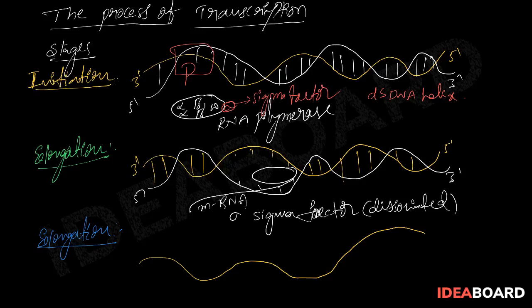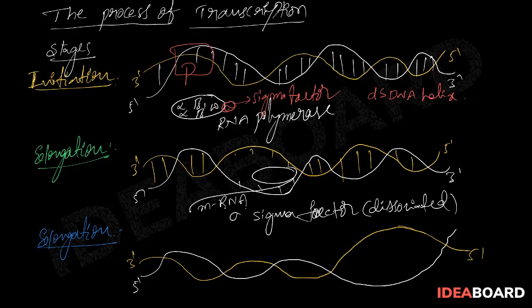After reaching the terminator region, this is the 3' to 5' strand, and the opposite strand is 5' to 3'.